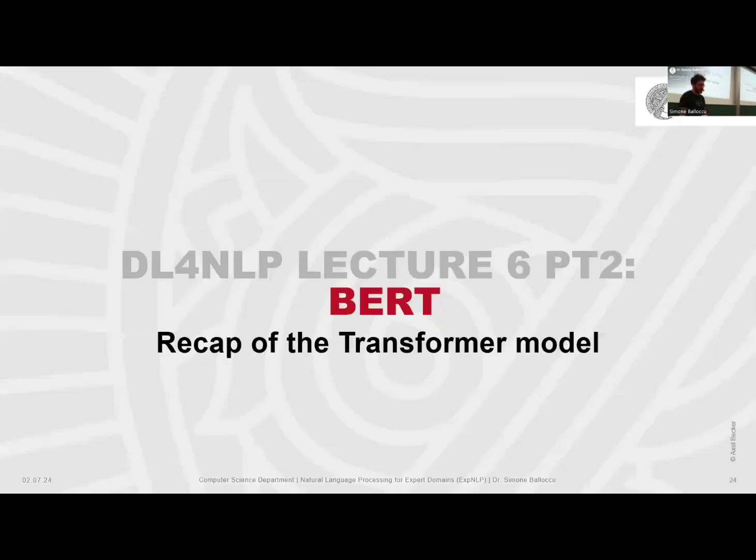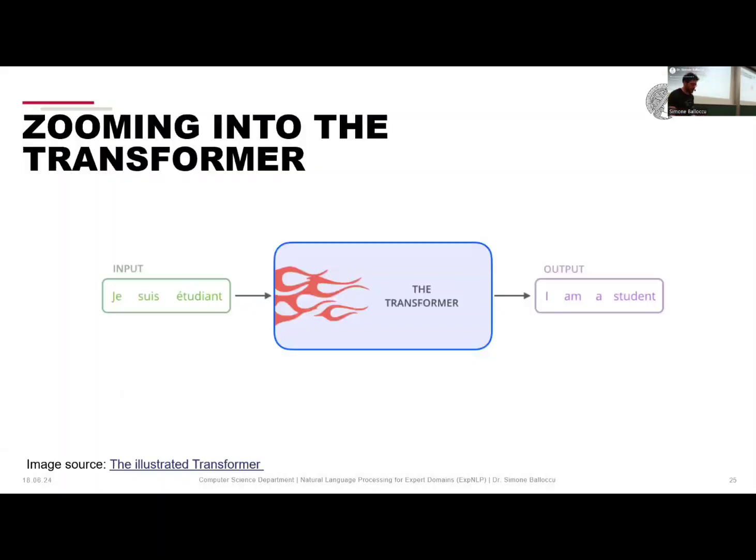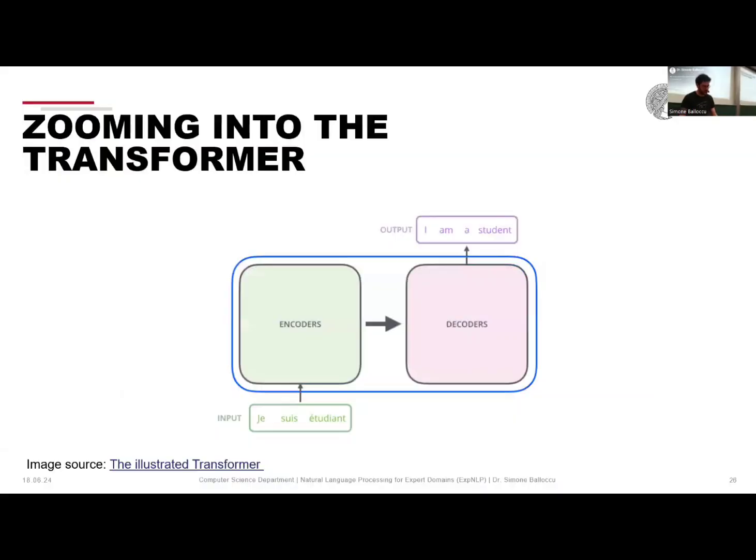So, recap of the transformer model, very quickly. We have this magical thing called the transformer. You give it an input, and it produces an output. If we zoom into it, the transformer has an encoder and a decoder pass. The encoder encodes, and the decoder decodes. So let's zoom again.